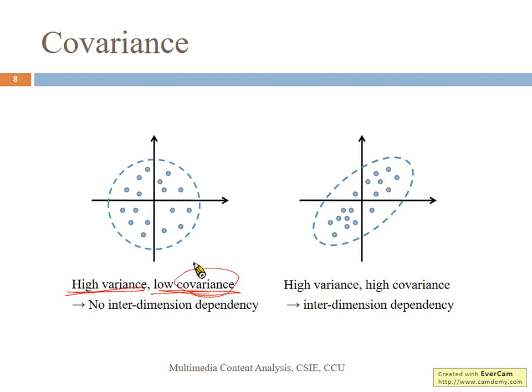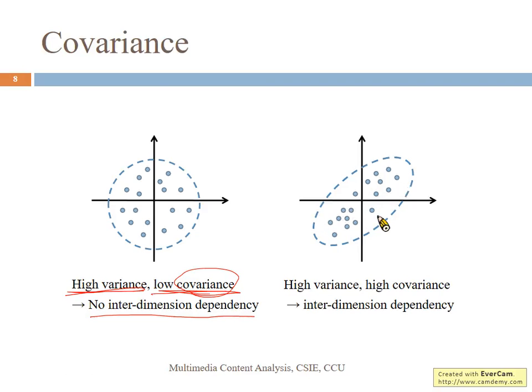Covariance means the degree to which one variable changes according to another variable. In this case, the variable x and the variable y seem to be independent. So it's high variance but low covariance, which also means no inter-dimension dependency.